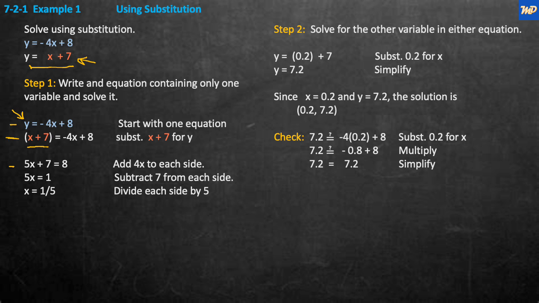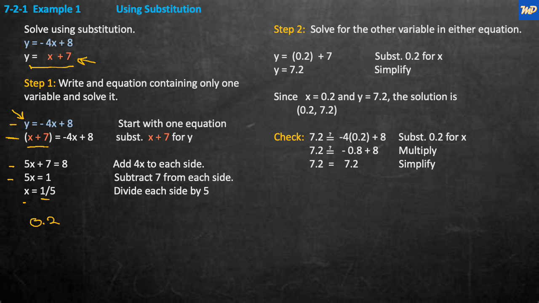Now we've substituted, added 4x to each side, and subtracted the 7, and you see we now have 5x equals 1. So we can divide both sides by 5 to get x by itself, and you have x equal to 1/5. I can also write it as 0.2. 0.2 is 1/5. And that's how we'll do it as we move forward.